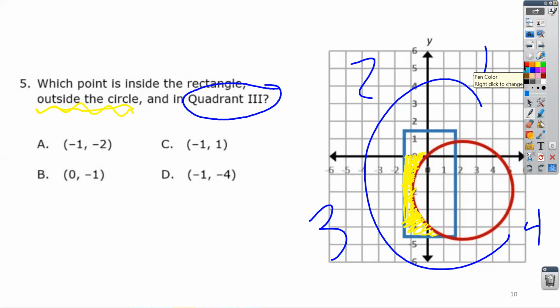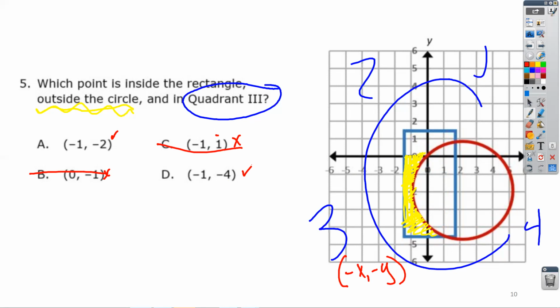Now quadrant 3, remember those values are negative x, negative y. So that's a negative negative, that's not a negative negative, that's not a negative and then a negative, negative negative. So right now I only have to check 2 answers.